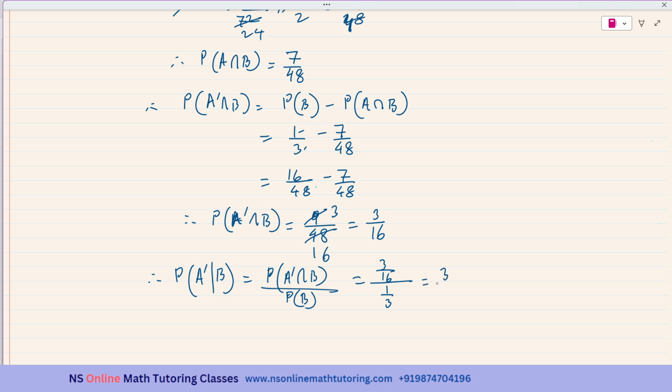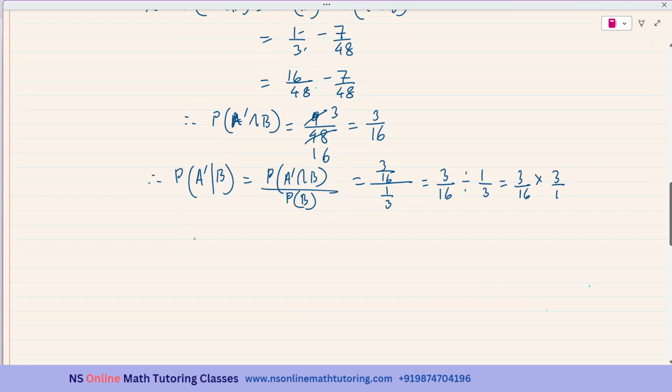I can write this as 3 over 16 times 3 over 1. So, therefore, this conditional probability will be having the value of 3 times 3 is 9, 9 over 16. Okay.